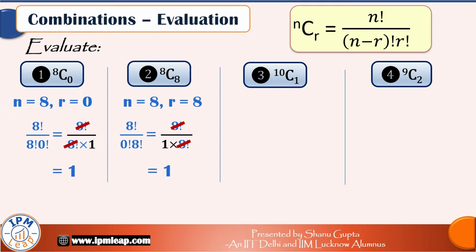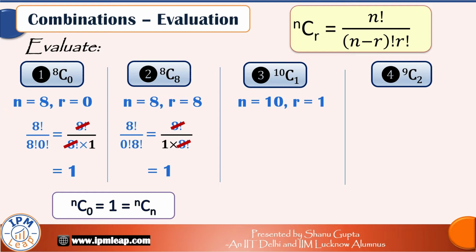In the next question, we have to evaluate 10C1. Comparing it with the combinations notation, n is 10 and r is 1. So we will get 10 factorial over 10 minus 1, which is 9 factorial, into r factorial, which is 1 factorial. And we need to write the numerator, which is 10 factorial, in terms of the larger number in the denominator, which is 9 factorial. So 10 factorial is equal to 9 factorial into 10.